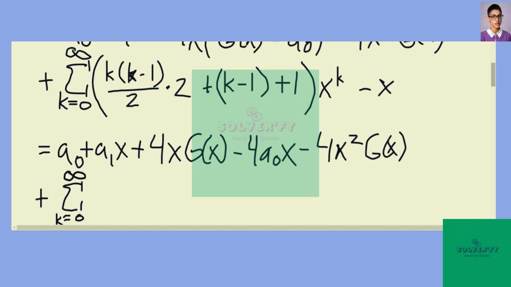Well, this is k factorial over (k - 2) factorial times 2 factorial. So this is really the sum of k choose 2 times 2, plus k - 1, and then plus 1. We don't have to write it this way. We can keep it as k - 1.